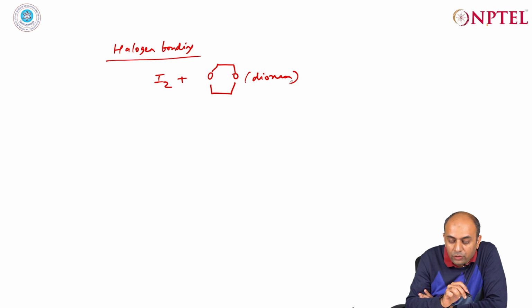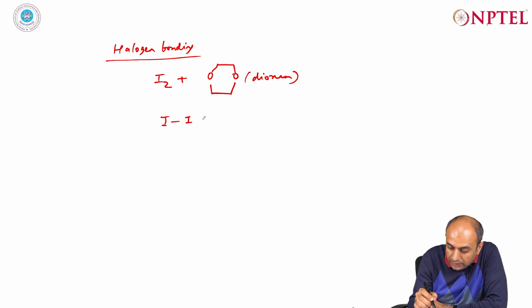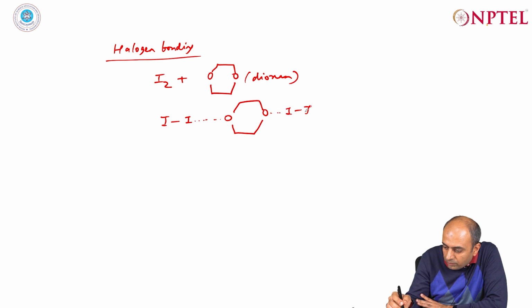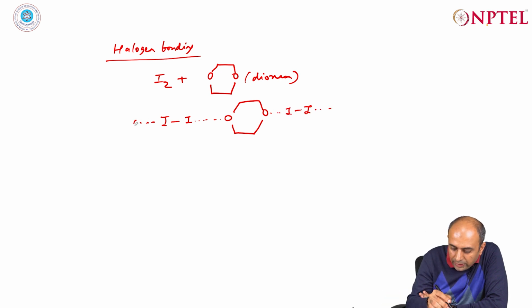So, iodine plus dioxane. Iodine, we know, has a sigma hole which is along the iodine bond axis. We have studied the sigma hole, and so there is a region of electron deficiency. So, it will like to interact with the oxygen lone pair, and then the other oxygen lone pair will also interact with another iodine, and in this way this will continue.